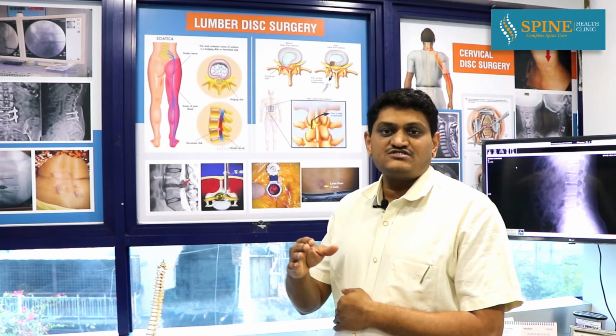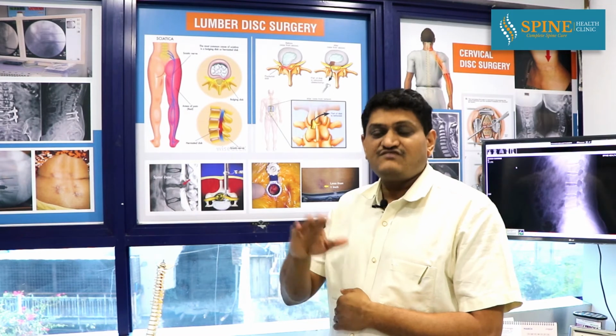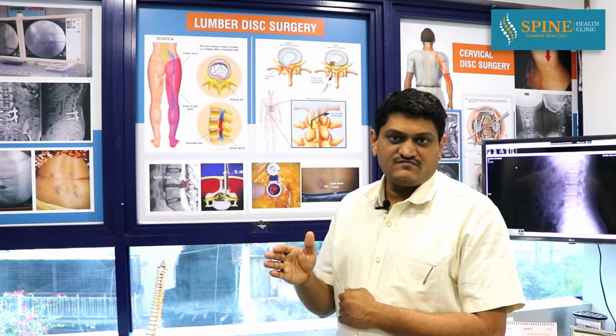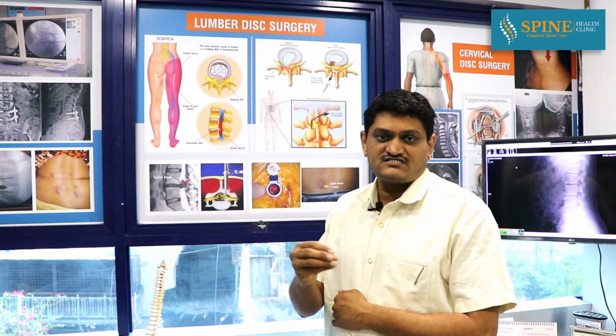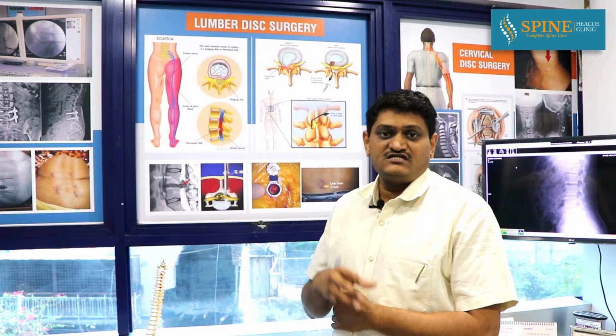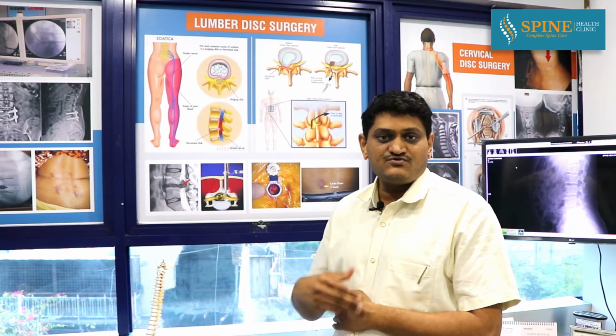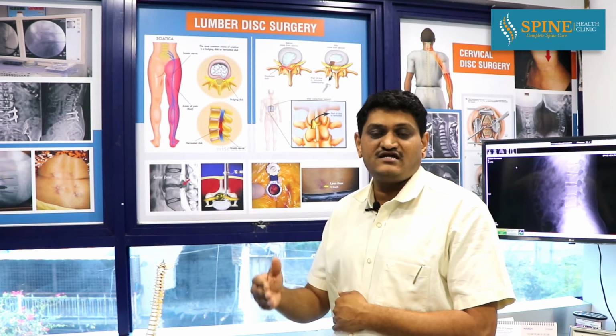So it's a constant nagging, frequently coming pain. It is different from back muscle spasm, which is usually a single episode. You take medicine for 2-3 days, some rest, and you get better and you don't get that pain again. But in disc-related issues, you tend to experience that back pain again and again, especially on any bending activities.